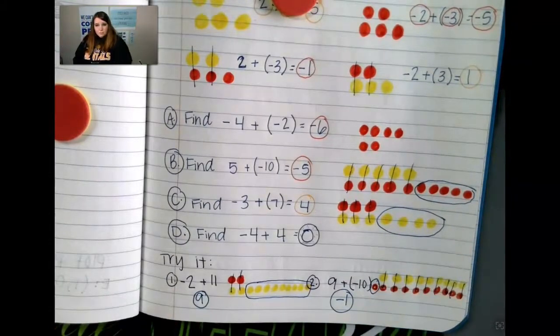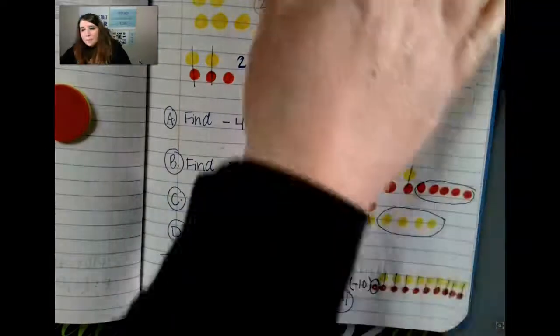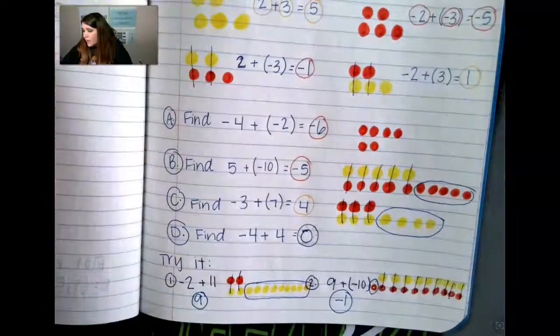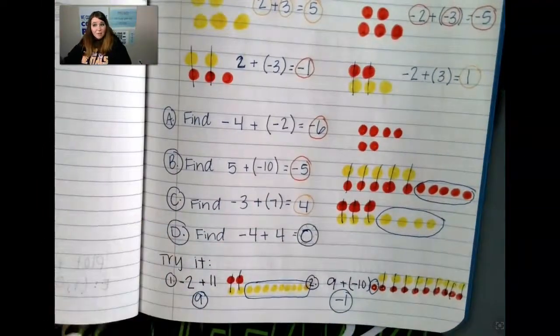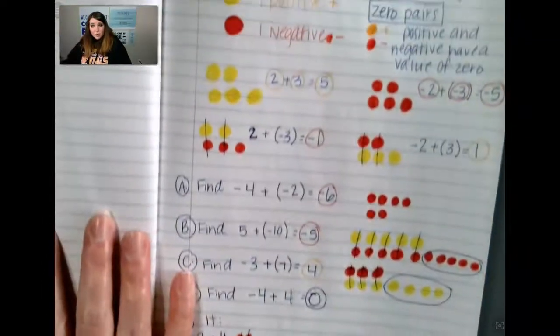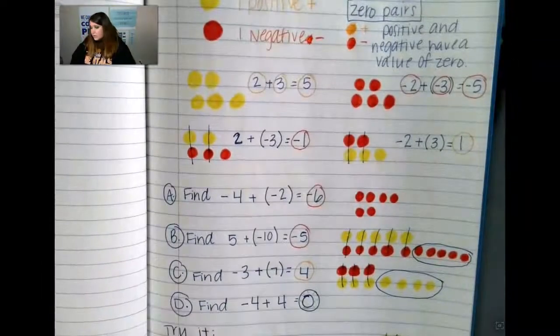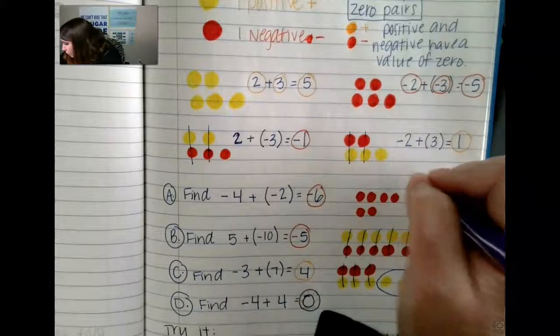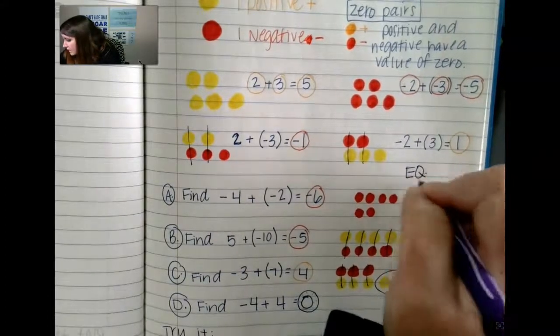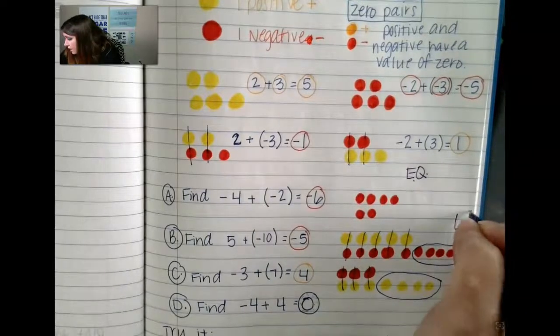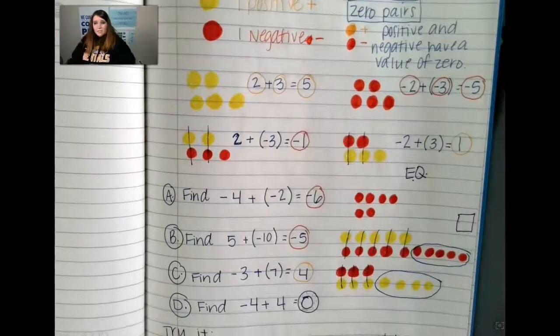How did you do on these? Are you starting to see any patterns for how to find the sum of integers? Anything out there that you can find or see? Go ahead and answer your essential question now with any observations that you are making or any patterns that you are seeing, and then rate your understanding so far out to the side.